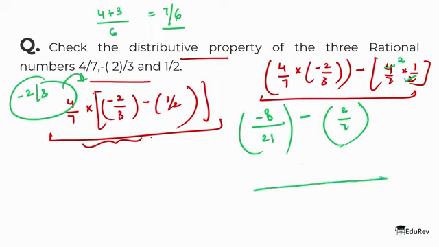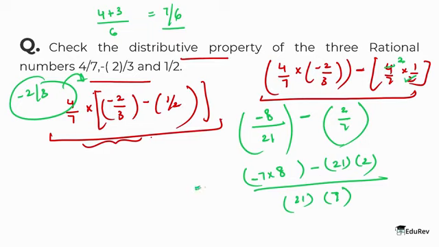When I take the LCM, we divide and it will be 7 into 8, minus 21 into 2, and then we need to solve this.